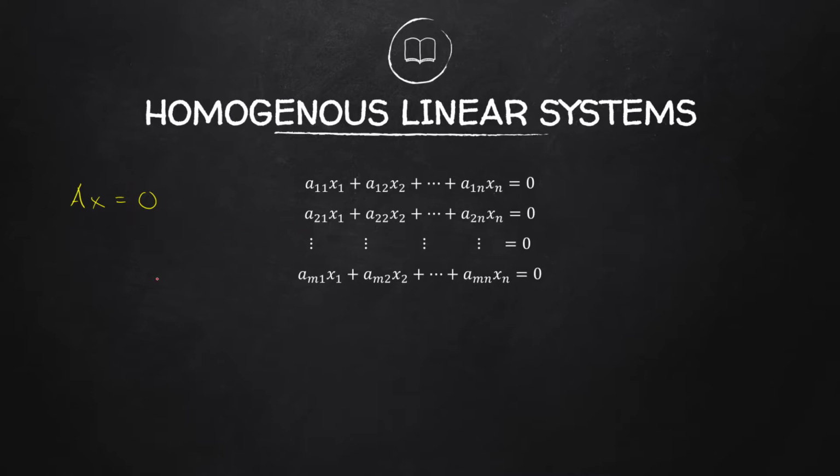One thing that is common in homogeneous systems of linear equations is that it is always consistent. From our previous video, we have talked about the three types of solutions to linear systems, and those are inconsistent or no solution, consistent or there is a solution, and dependent systems wherein there are infinitely many solutions.